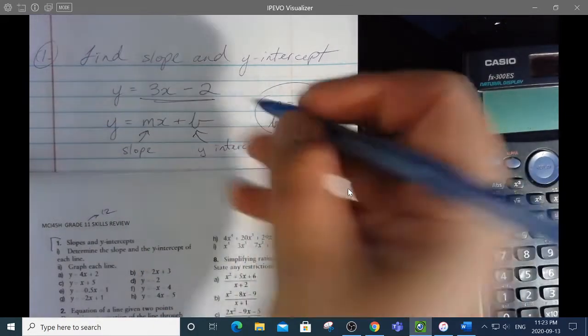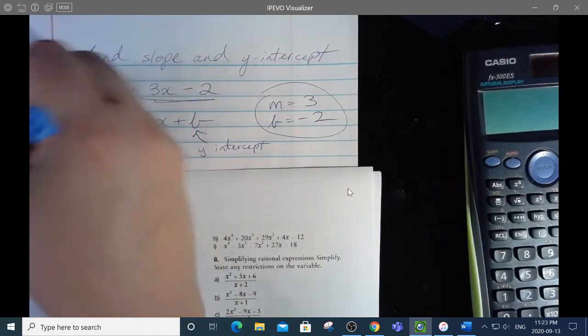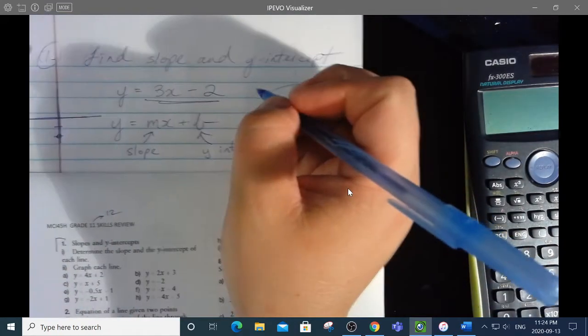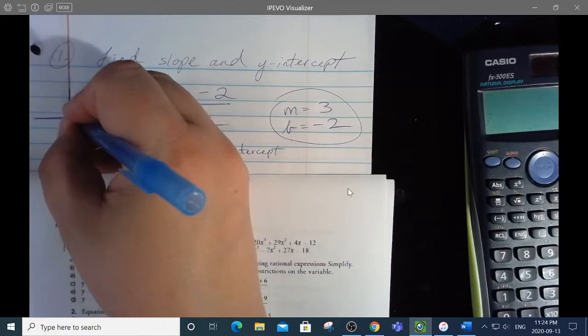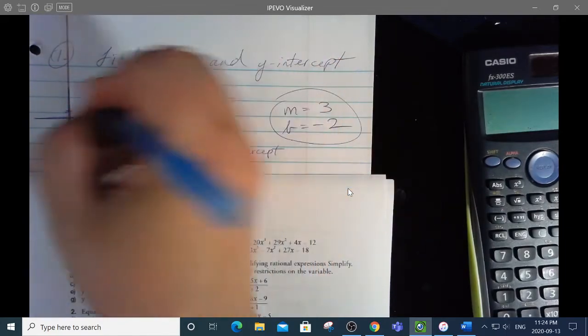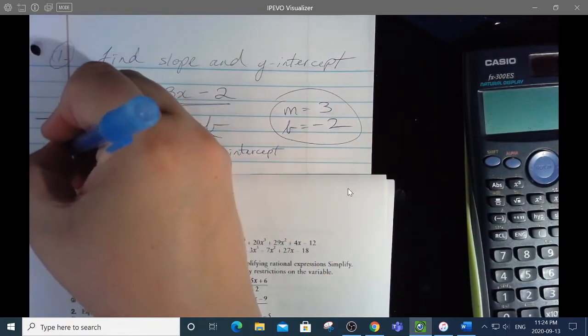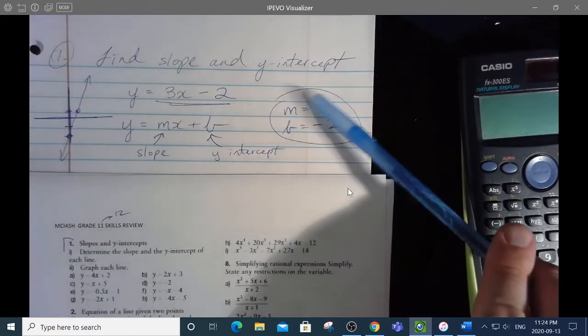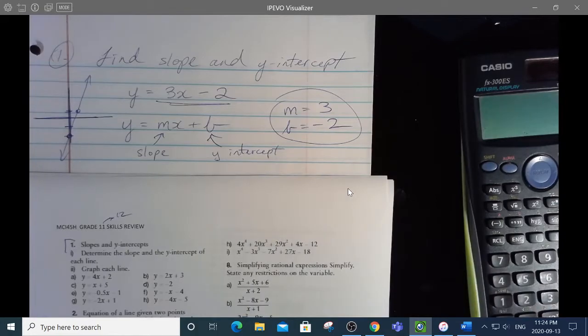If you had to graph this line, you'd start at -2, then with a slope of 3, go up 3, 1, 2, 3, and over 1. That's how I'd graph it, because I know the slope and the y-intercept. So that's number 1.